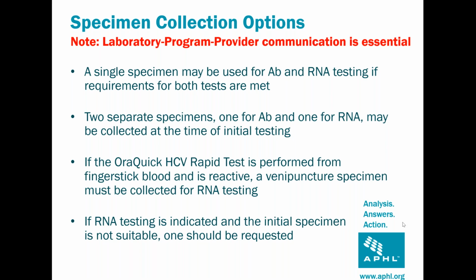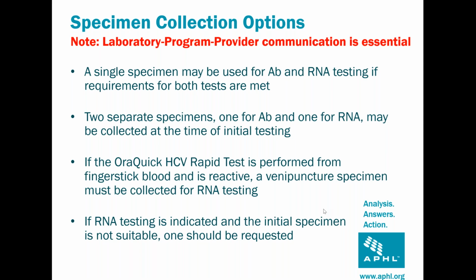If you get a positive for your screening test, they should be collected at the same time as the initial testing. If the individual is pre-screened with an OraQuick HCV rapid test using a finger stick blood and it's reactive, a venipuncture specimen must be collected for RNA testing. And as I mentioned at the beginning, if RNA testing is indicated and the initial specimen is not suitable, you would like to avoid that by having good communication between the laboratory and the program.